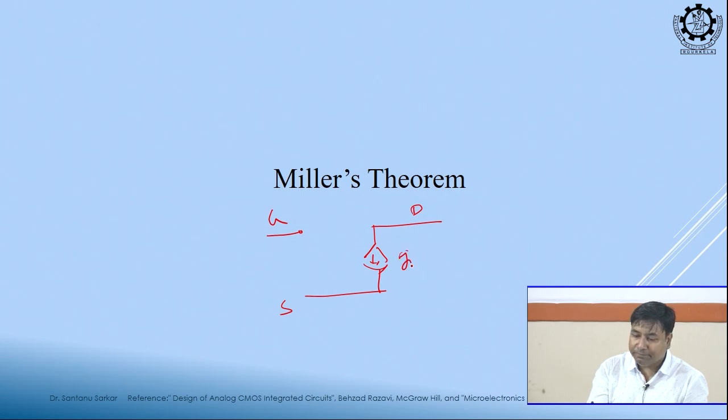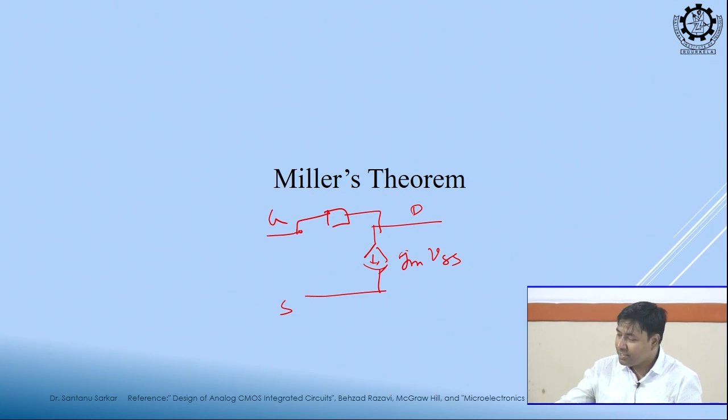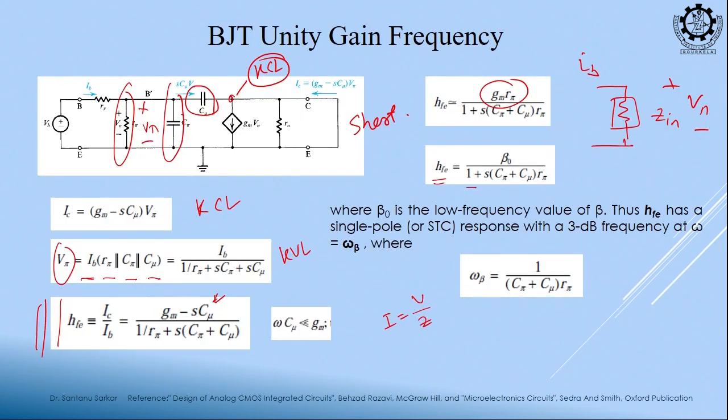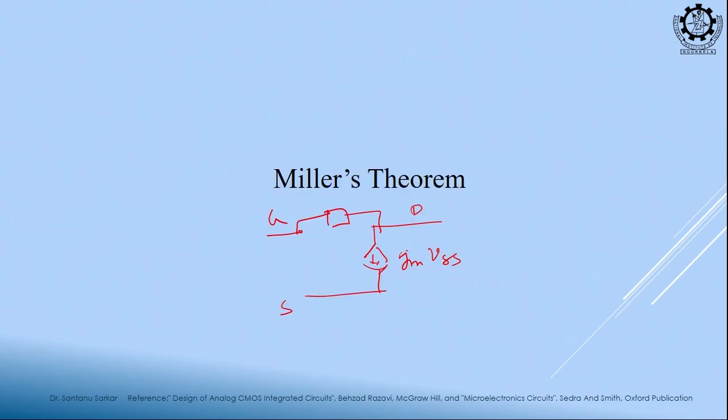Now, the moment I have some component here, my equation gets complex, right. I have one extra part. So, I have to consider both input and output voltages. The moment I connect my input side and output side, whenever there is an impedance connected, my equation gets complex, right.